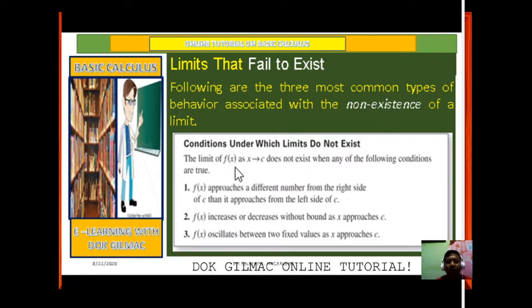The limit of f of x as x approaches c does not exist when any of the following conditions are true. f of x approaches a different number from the right side of c than it approaches from the left side of c. f of x increases or decreases without bound as x approaches c. f of x oscillates between two fixed values as x approaches c. So these are just the three conditions under which limits do not exist. So take note of that.